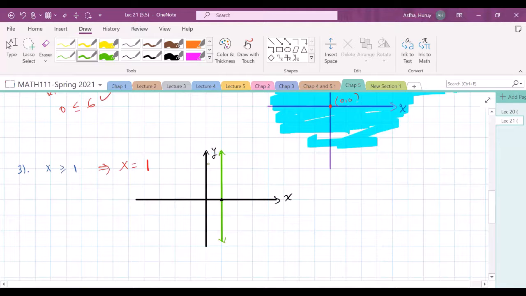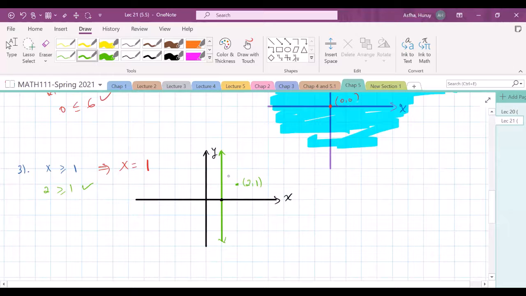And now the question is, which side is the solution to this inequality? Again, as always, we pick one point. In this case, I can pick somewhere on the right side instead of (0, 0). I will pick, let's say, this point, which is (2, 1). If I plug in 2, because x is 2 here, 2 is greater than or equal to 1, which is true.